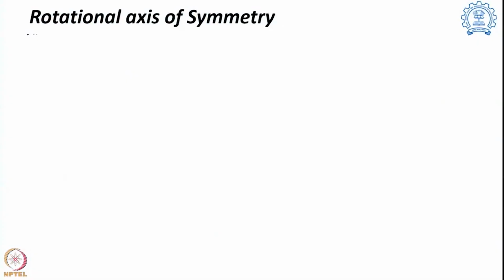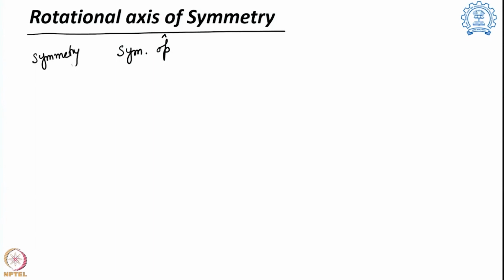With that, now we will go through the 5 very important symmetry operations and symmetry elements that exist in the literature. The first one is the rotational axis of symmetry. For this, the symmetry operation, which I am writing in short form, is nothing but rotation. And what is the symmetry element?